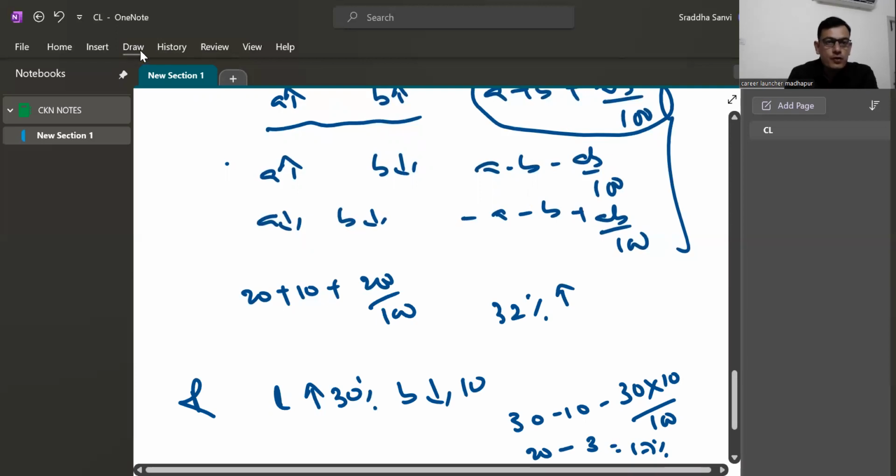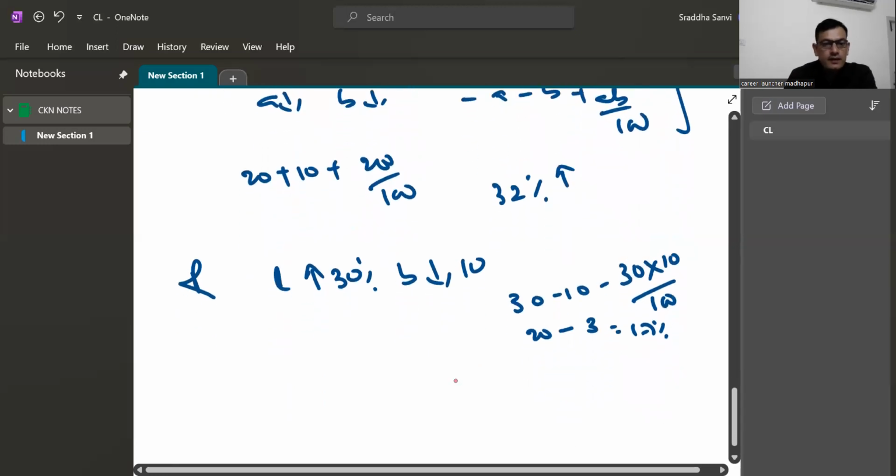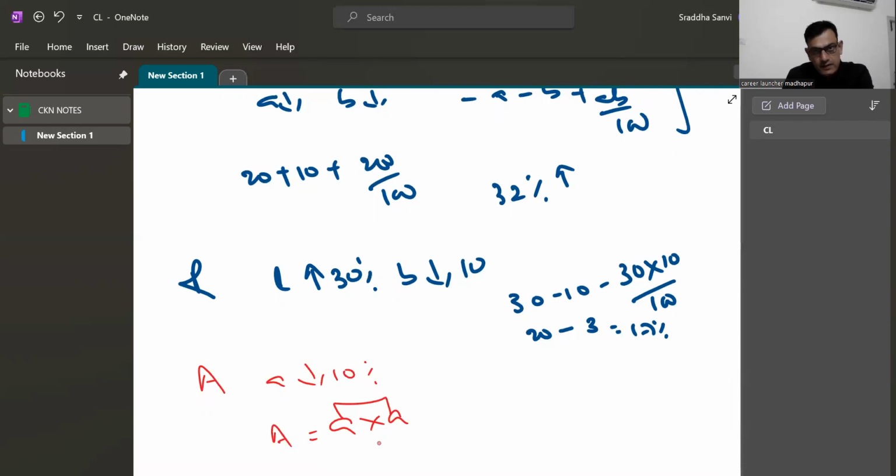We also have a question. There is a square. The side of the square decreased by 10%. We are asked to find the change in area. Area of a square is A into A. Both the A's are the same. Now this is a 10% decrease, and this is a 10% decrease.